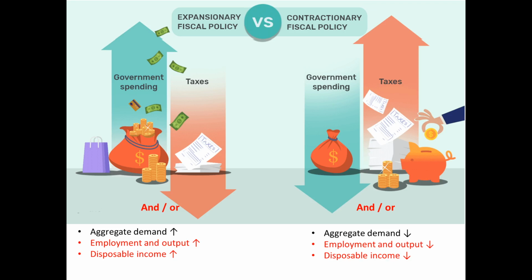And when you have more jobs and higher salaries, for sure disposable income is going to increase, and you can spend more money on different goods and services. Life is good. But at the same time, contractionary is just the opposite.